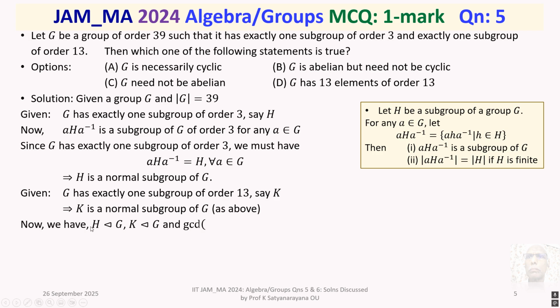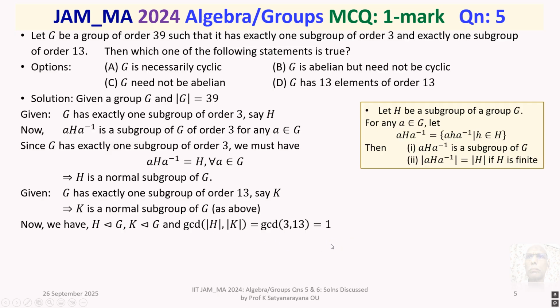Now, we have H is a normal subgroup of G, K is a normal subgroup of G, and the GCD of order of H and order of K is the GCD of 3 and 13, because order of H is 3 and order of K is 13. The GCD of 3 and 13 is 1. They are relatively prime.